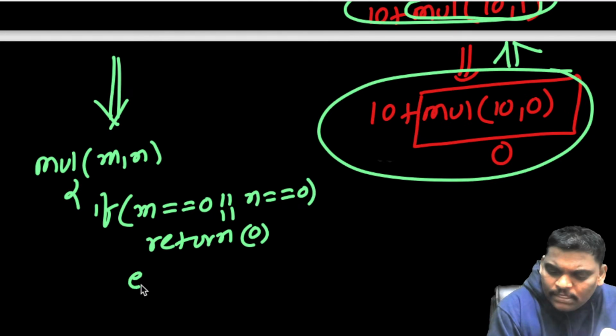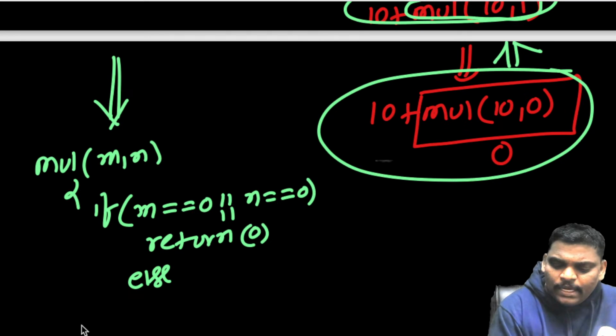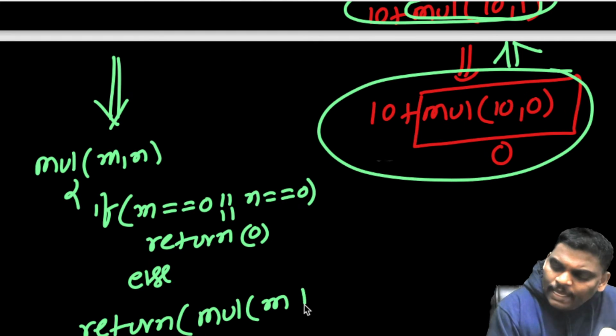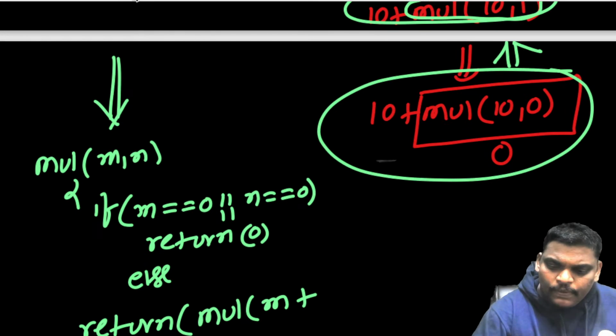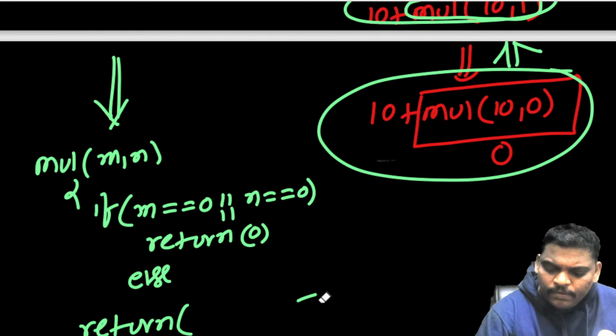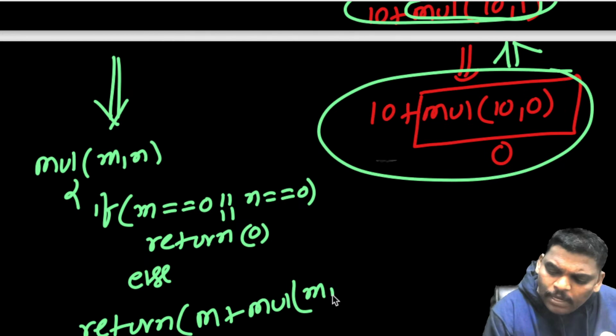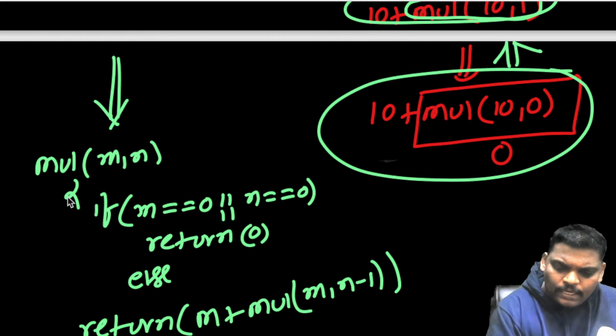Else, if no one is 0, then return m plus one time add multiplication of m comma n minus 1. That is the answer. It is a recursion.